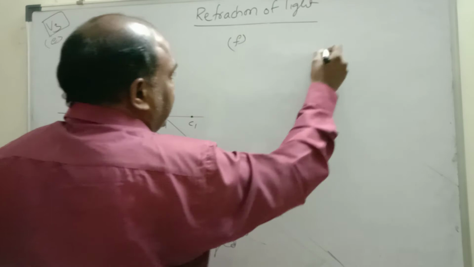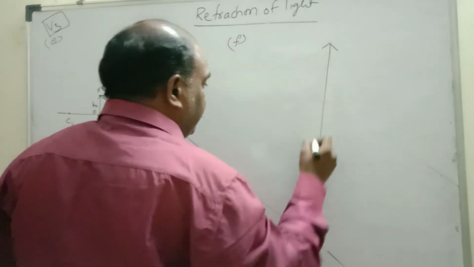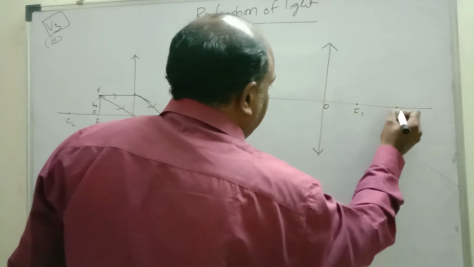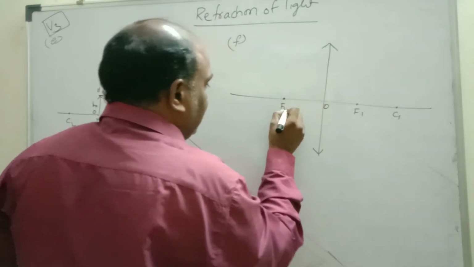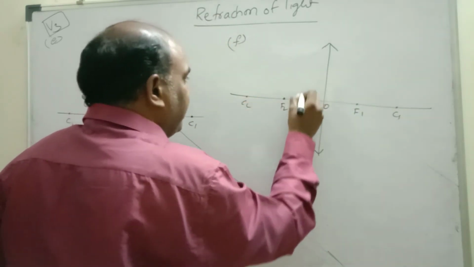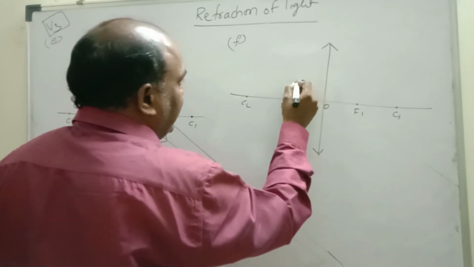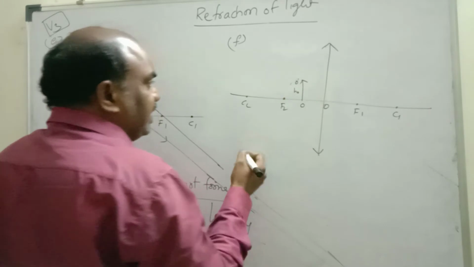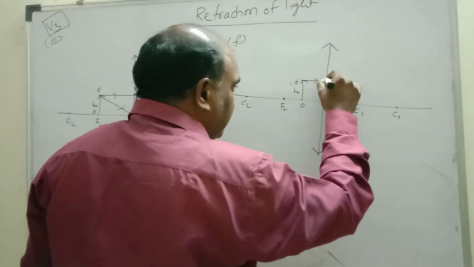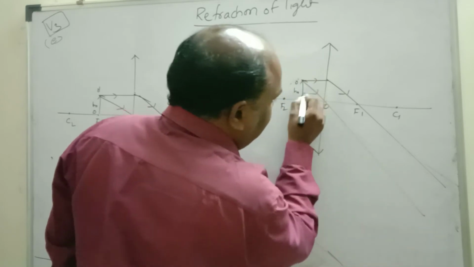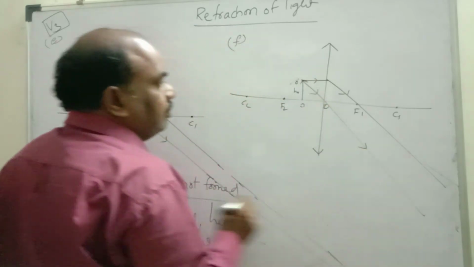If you place the object in between O and F, what will happen? This is the convex lens, principal axis, optic center, F1, C1, F2, C2. I placed the object in between O and F, O dash. Now what kind of image forms? See, here it is very interesting. The parallel ray after refraction goes through the principal focus. One more ray goes through the optic center, like this.